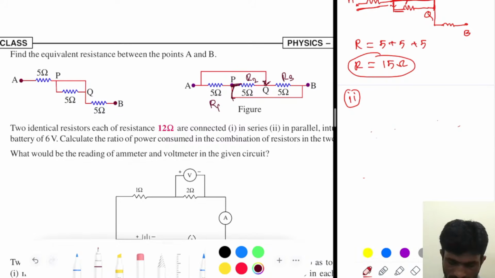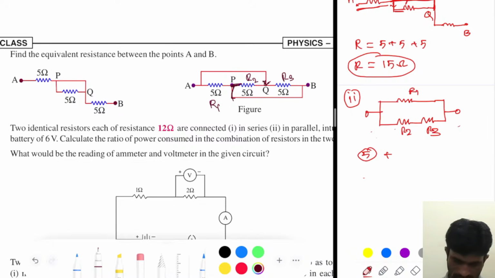Second figure, these two R2 and R3 are in series. So first one is 5 ohms as it is, but R2 plus R3 effective resistance is 10 ohms.